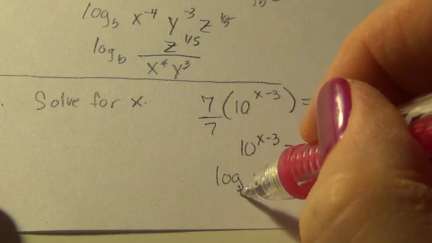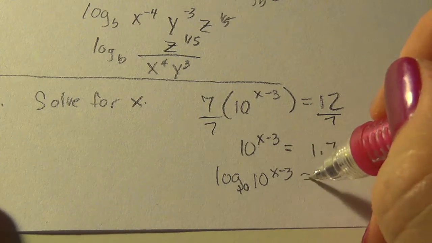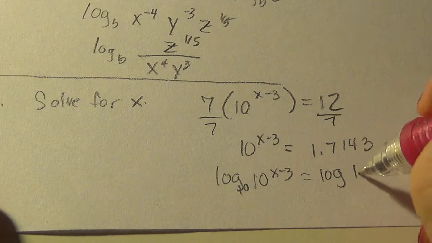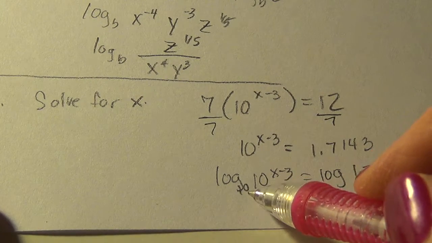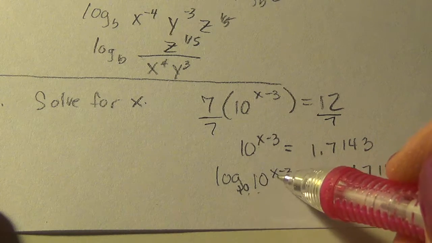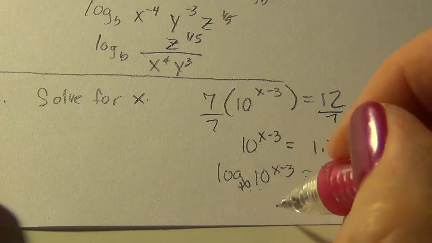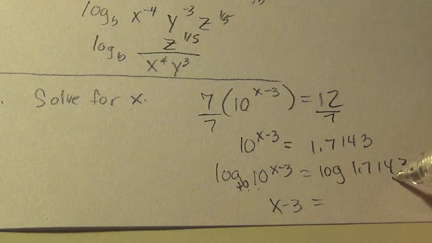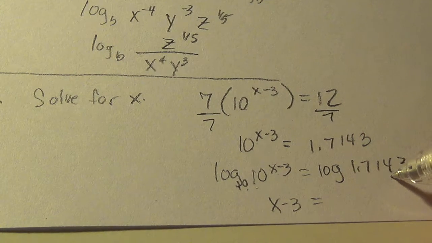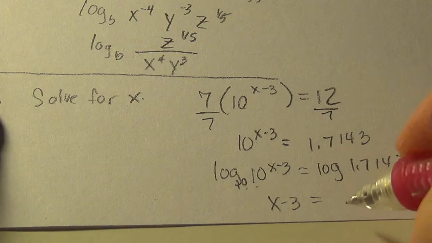So I'll write it in there for emphasis. What exponent do I raise 10 to get 10 to the x minus 3? x minus 3. And log of 1.7143 is 0.2341.